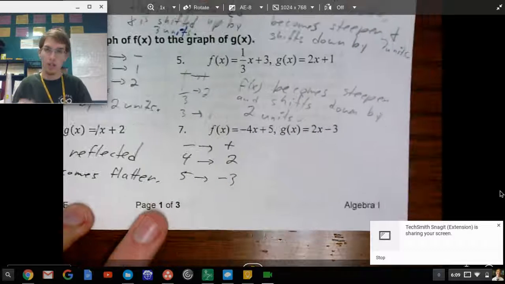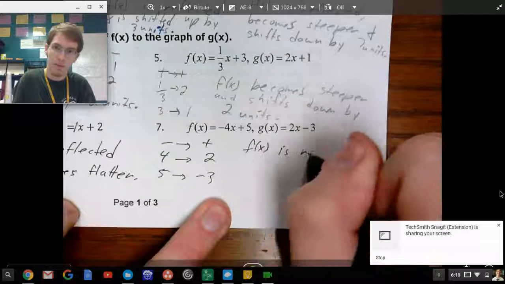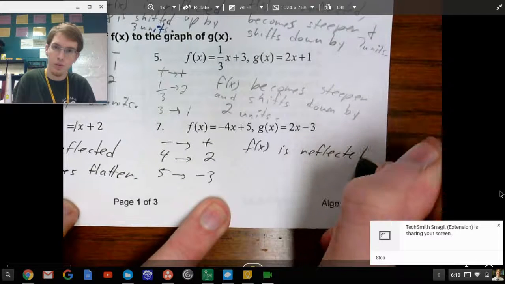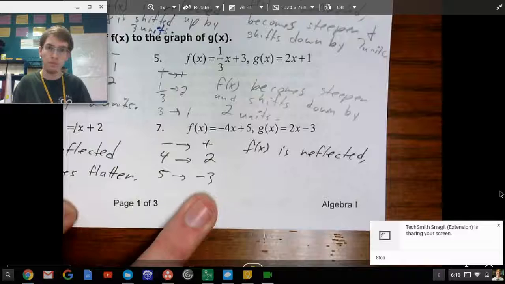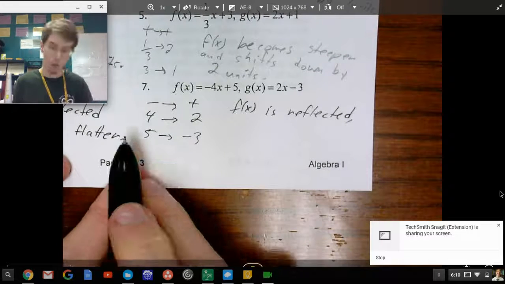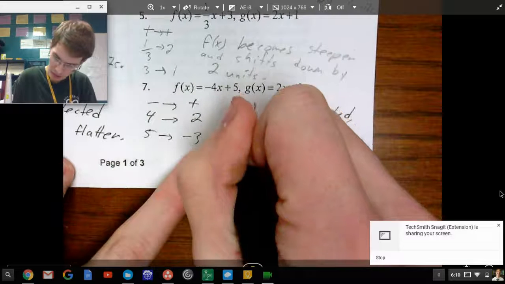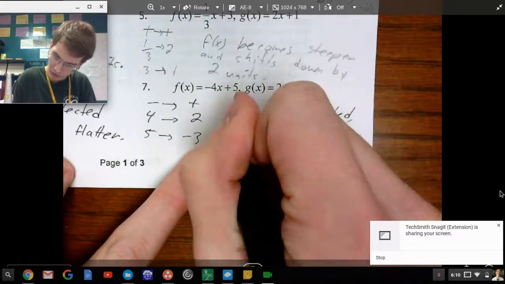Okay. So from negative to positive tells me that f of x is reflected. I have a feeling something else is going to happen. The slope went from 4 to 2. So it becomes flatter.